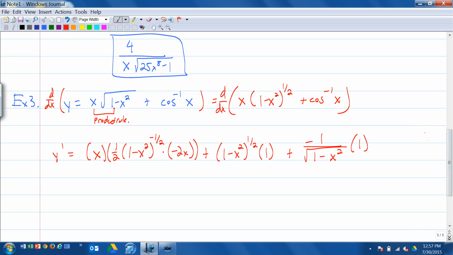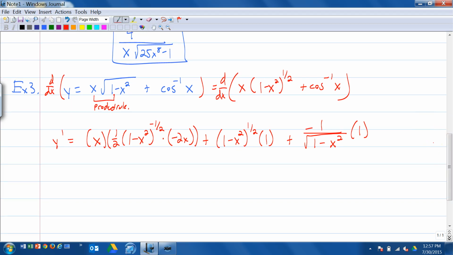Alright, we have this piece, which is itself. This cancels. The negative 2 and the 1/2 go to a negative 1, x squared on top.